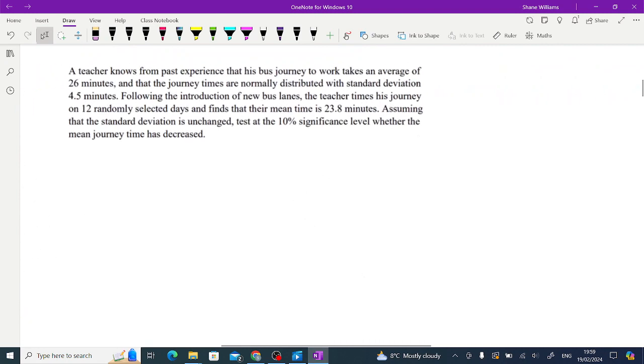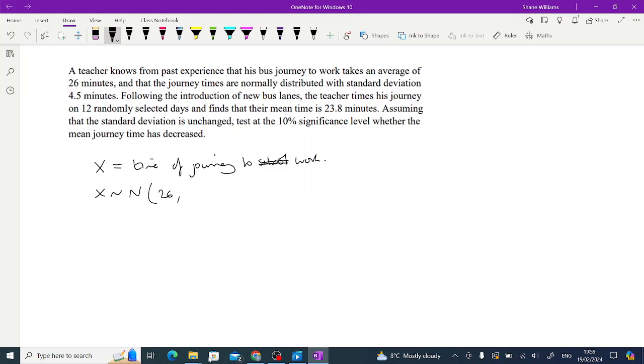Let's have a look at this question over here. The first thing I do is I state what I'm measuring. So you might want to pause the video and have a go. So x is time of journey to work. And x is normally distributed with a mean of 26 and a standard deviation of 4.5, so a variance of 4.5 squared.